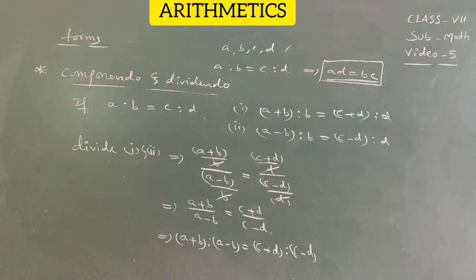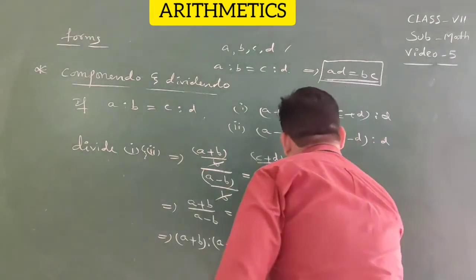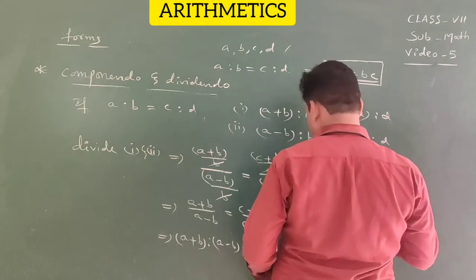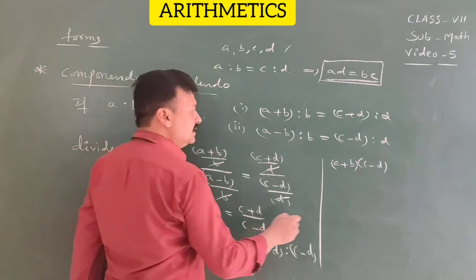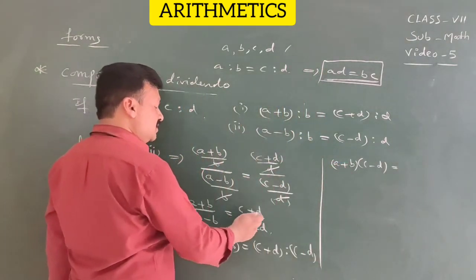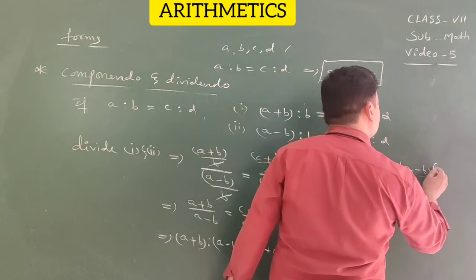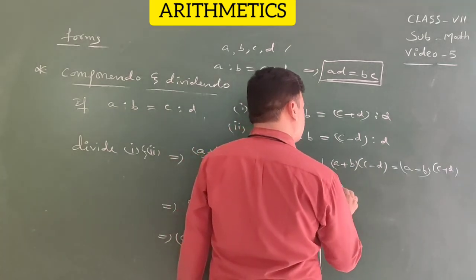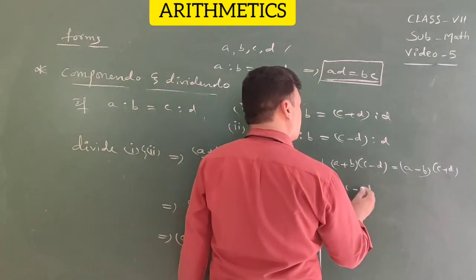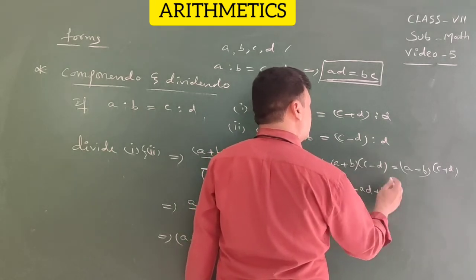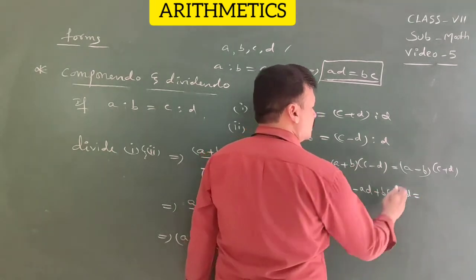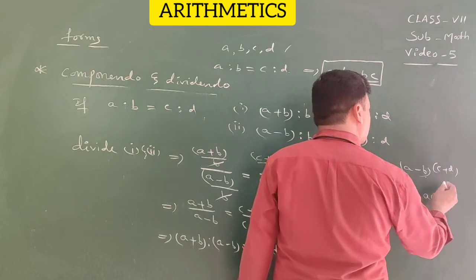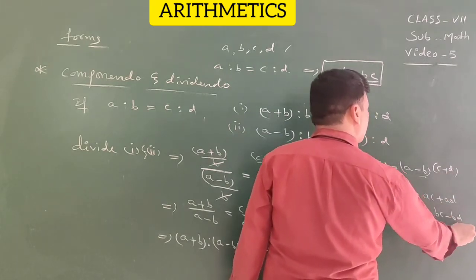For this one proof, here cross multiply: A plus B into C minus D equal to A minus B into C plus D. Now A into C is AC, A into D is AD, B into C is BC, B into D is BD, equal to A into C AC, A into D AD, B into C BC, B into D BD.